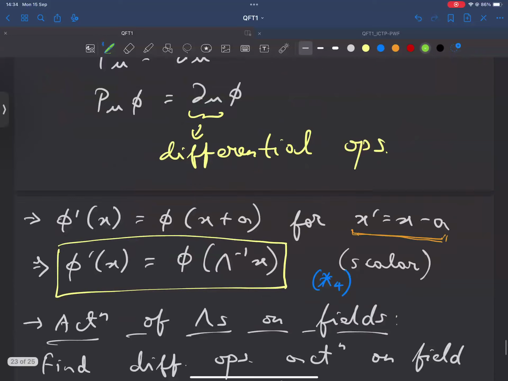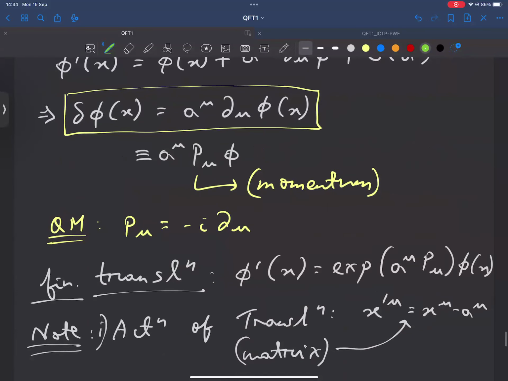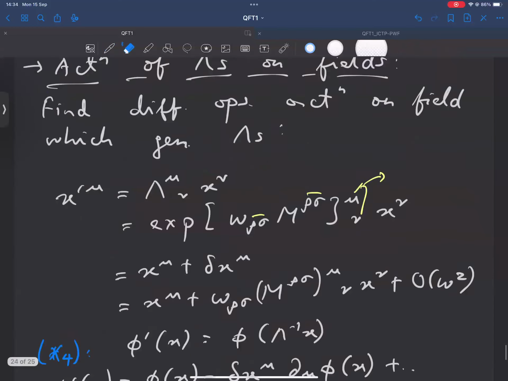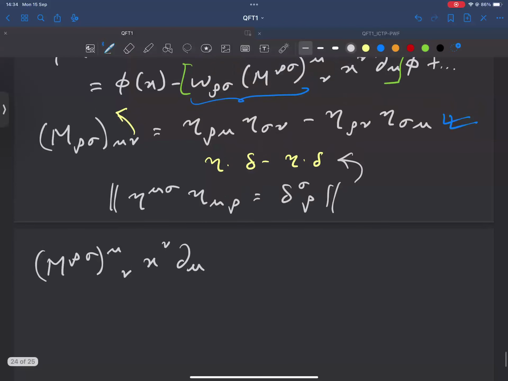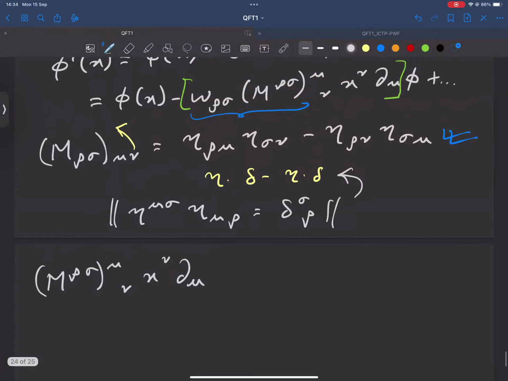Just like in the translation case, it was this that acted on it, right? So we want to isolate that operation here and try to find its expression. So now you can substitute the expression for the m in terms of the etas. And if you do that, let's do that carefully.